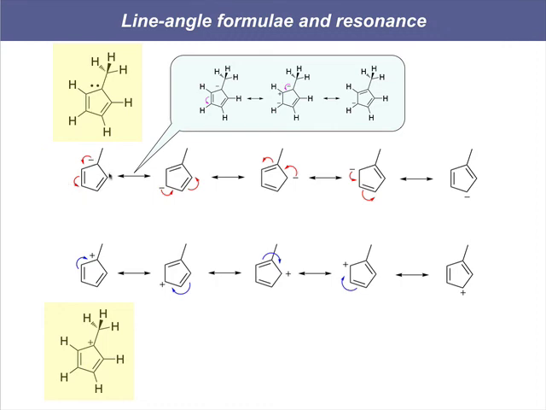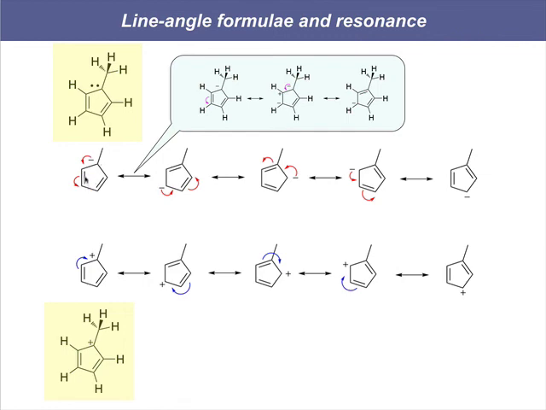If you look at this molecule, this is a pure line angle structure. If you were to expand this structure, you need to figure out where the hydrogens would be.